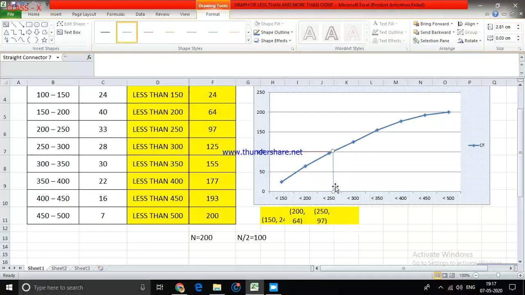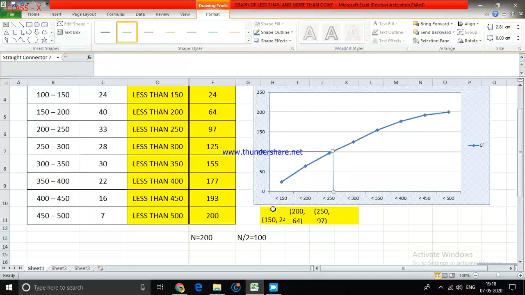Okay, so where it is touching the x-axis, if it is the graph, you can tell me where exactly it is touching. So that will be the median of data. I think the median is around 255 or 260, something between that. Okay, because 250 is somewhere here, then this will come. So it will come between 250 and 260 or something.